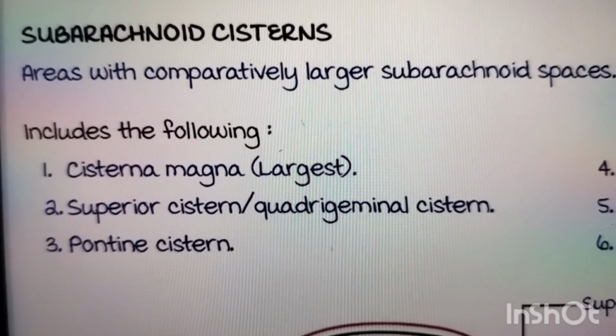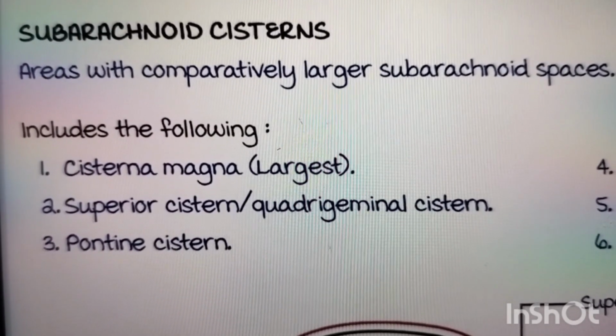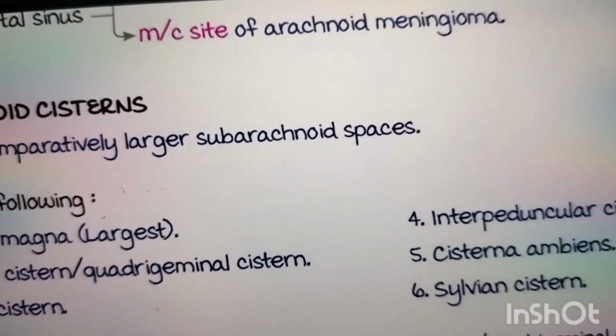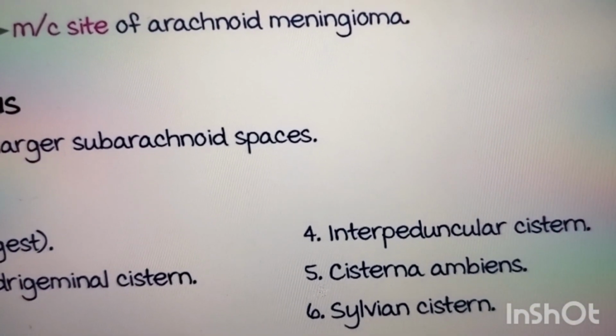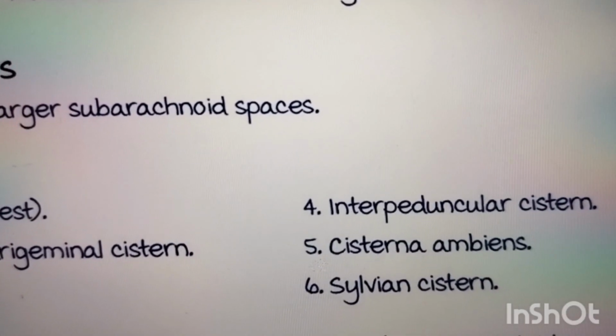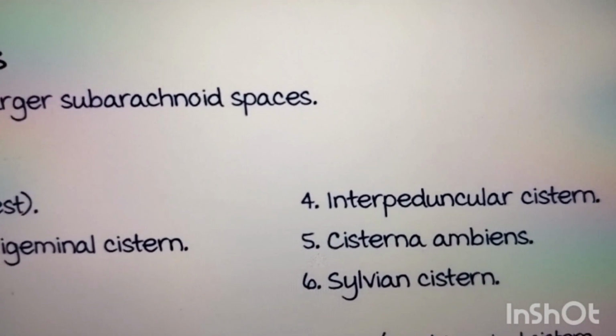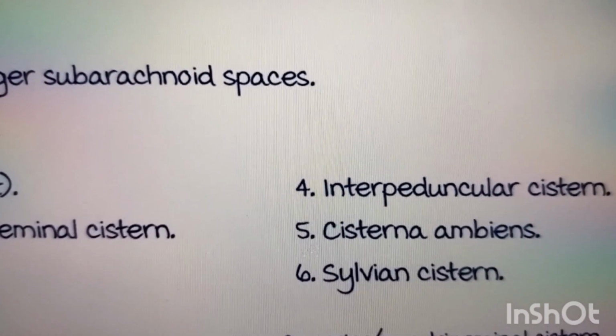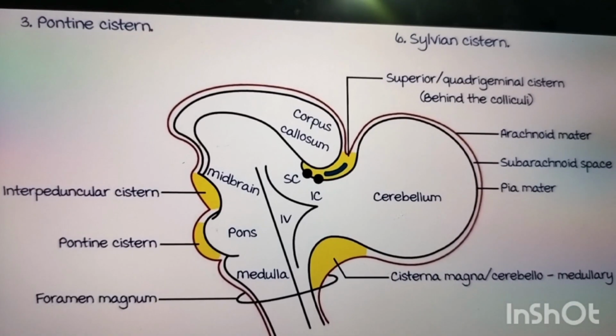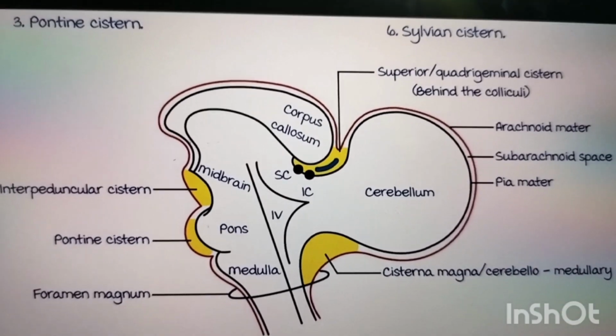Pontine cistern is in front of the pons. Interpeduncular cistern is in front of the midbrain. Cisterna ambiens is on the side of the midbrain, and sylvian cistern is present on the sylvian sulcus. So look at this picture.